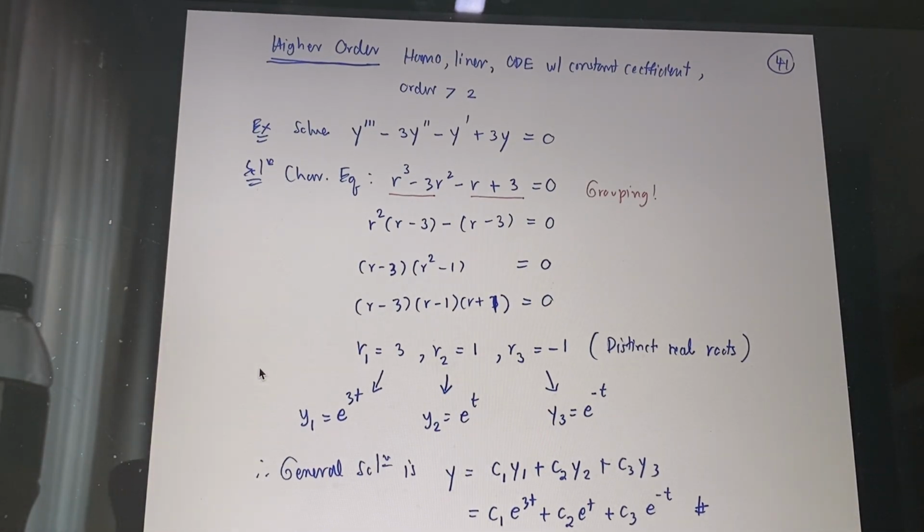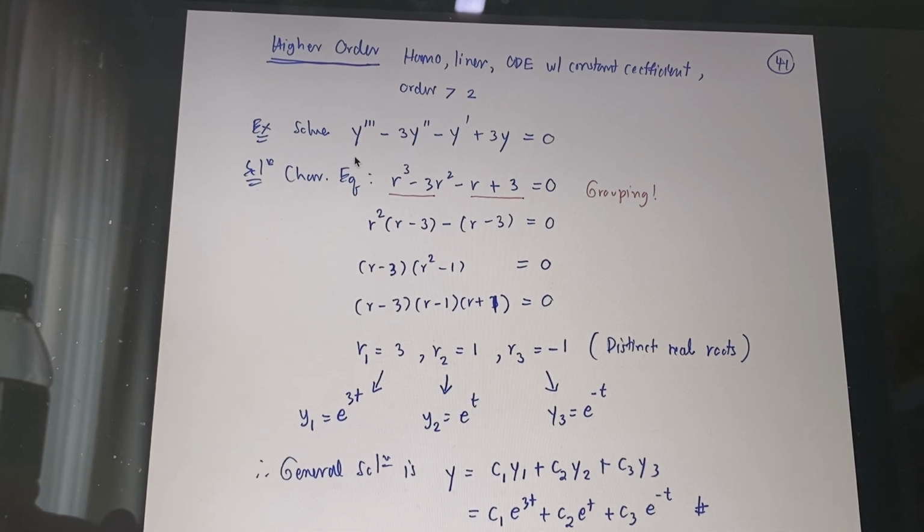This one is for higher order. Still, it's going to be a homogeneous, linear, ordinary differential equation with constant coefficients. But now the order, we are not going to do the second order anymore. It can be anything higher. So that's why we say higher order.